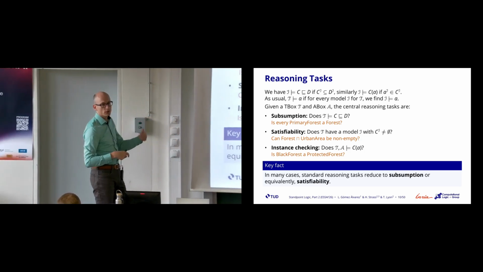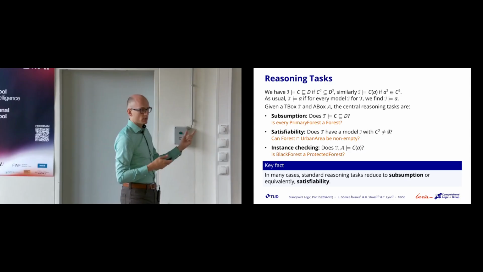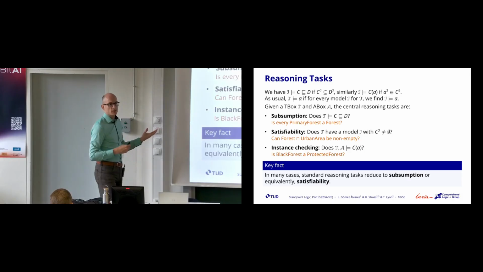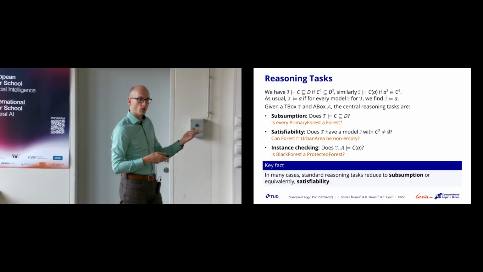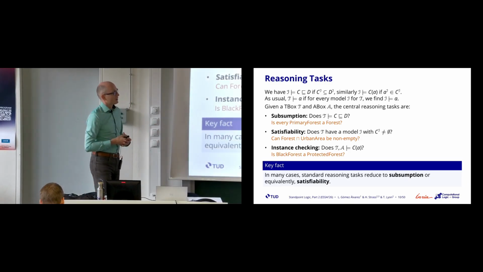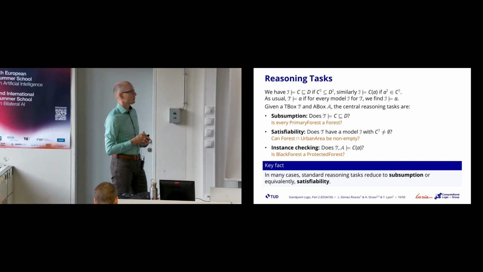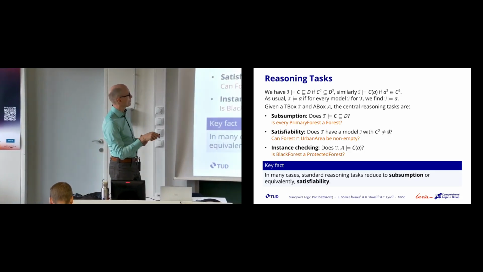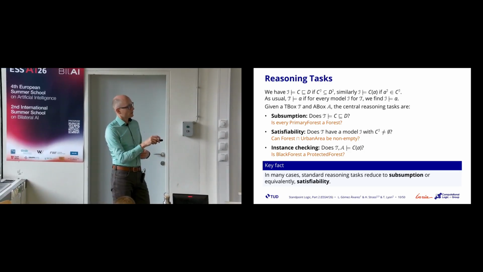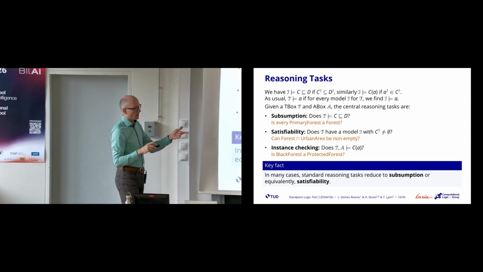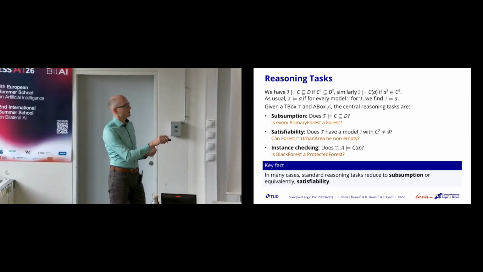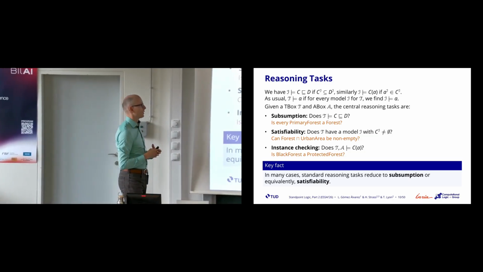So writing down GCIs about our domain, defining concepts, one of the first things we want to do is ask whether it actually makes sense. So is there one way to interpret all of our axioms that satisfies all of the axioms? And then we also want to know, for concrete things, right? So can this particular piece of land be considered to be a forest? Or some specific kind of forest in this example.